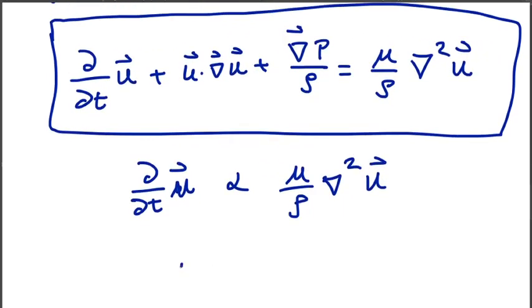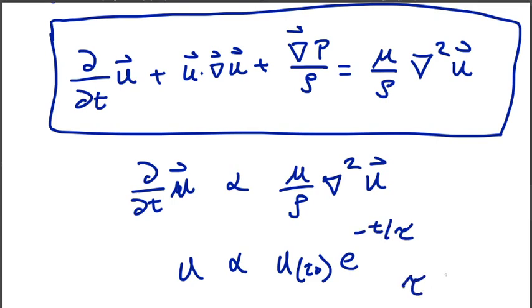So u scales as some u at some initial time, t naught, and then some exponential decay in time, e to the minus t over tau, where this tau timescale is proportional to actually 1 over our kinematic viscosity, and then also some information about length scales over which it's operating.